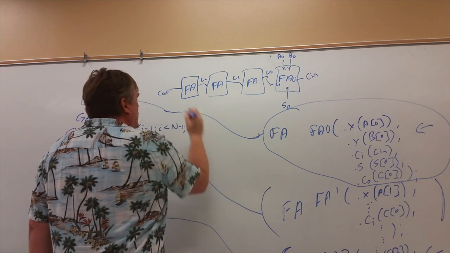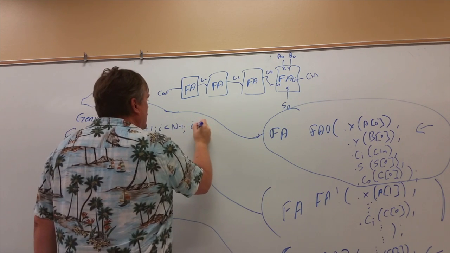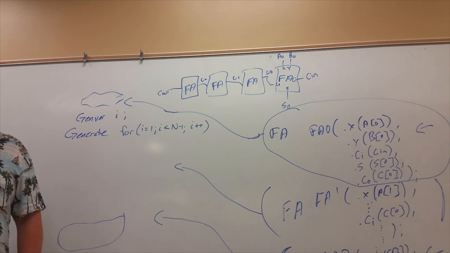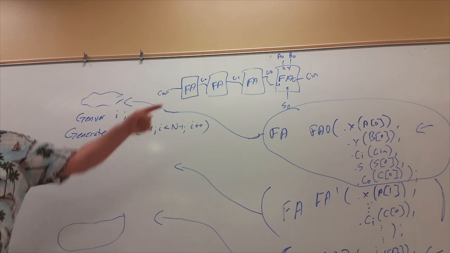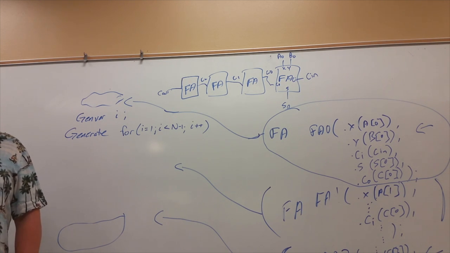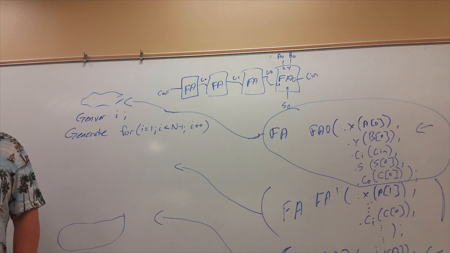Make myself enough room there. Do we agree? I can do that i++. I can't in Verilog. I technically would have to say i equals i plus 1. But in SystemVerilog, I can do i++.